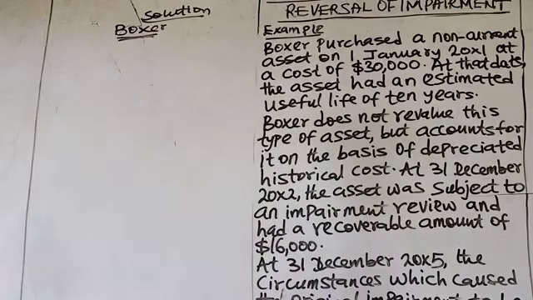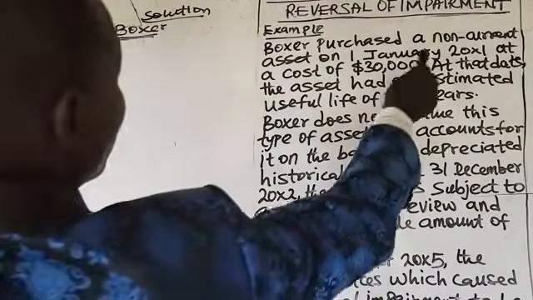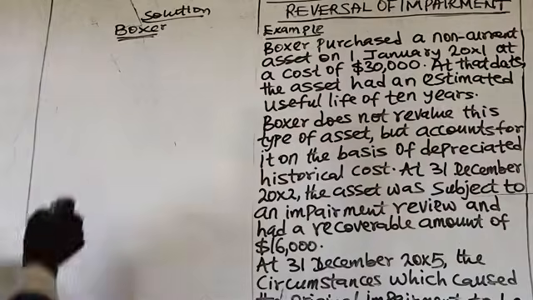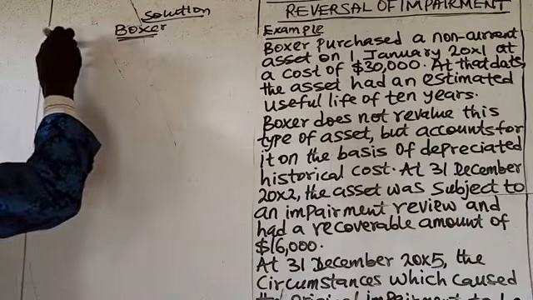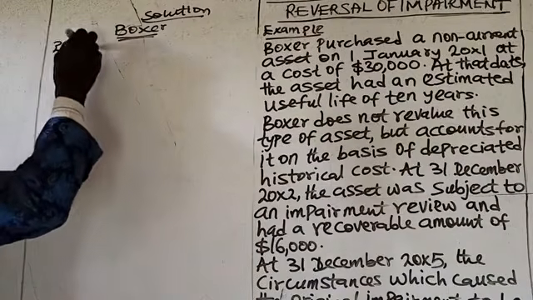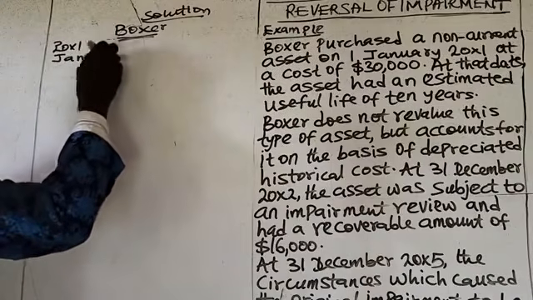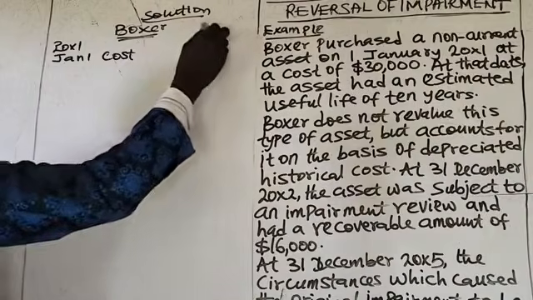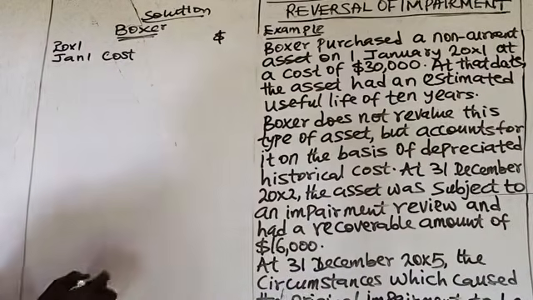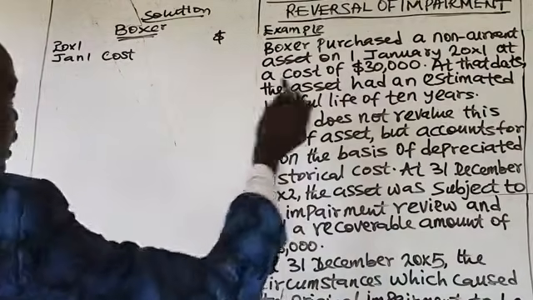Buster purchased a non-current asset on 1st of January 20X1. So, in 20X1, 1st of January, we have the cost. And the amount is in US dollar at a cost of $30,000.